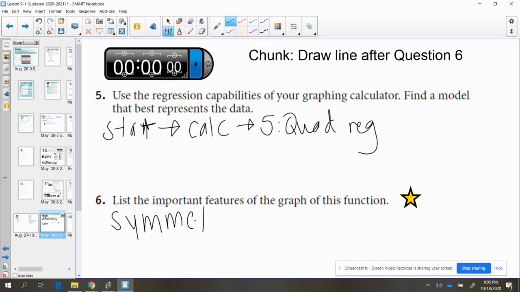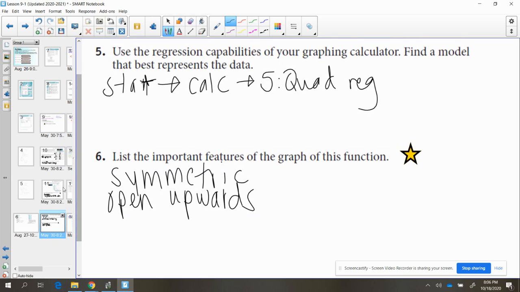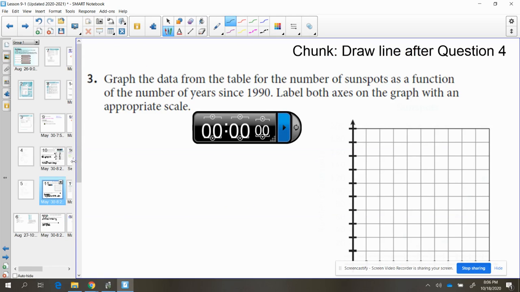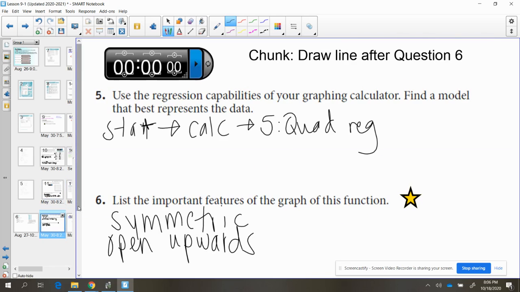It does have that quadratic aspect to it. It's going to open up. And finally, we have a minimum value, if it's an upward facing parabola. So we want to look for that minimum value.